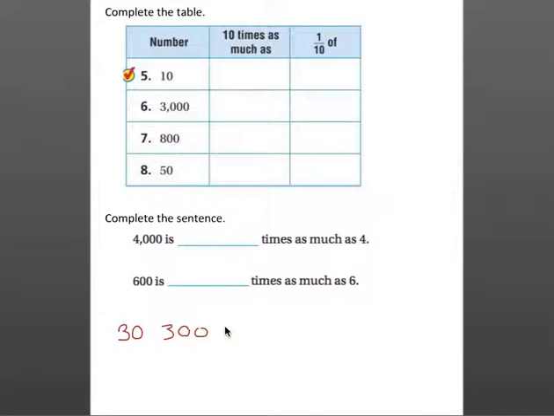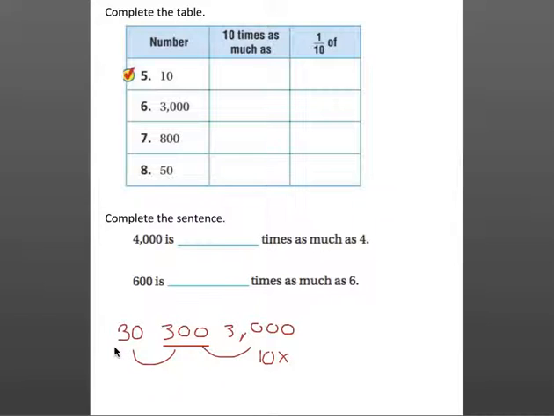And 300, 10 times as much as 300, is 3,000. So if we're looking at this number, and this is our middle of the road number, 3,000 is 10 times as much as 300.